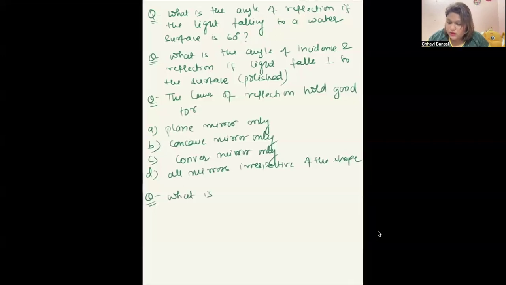What is the speed of light in vacuum? Okay.